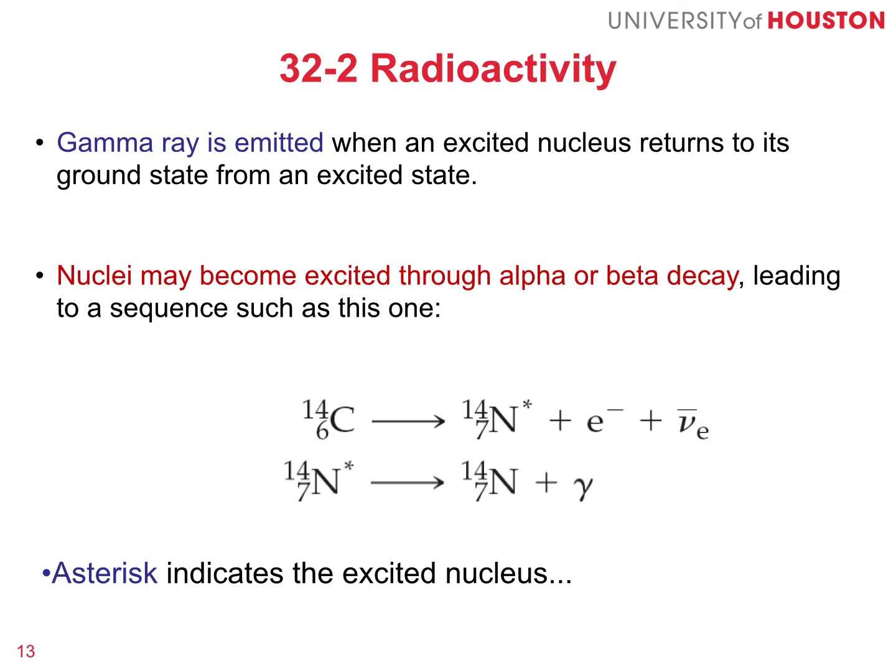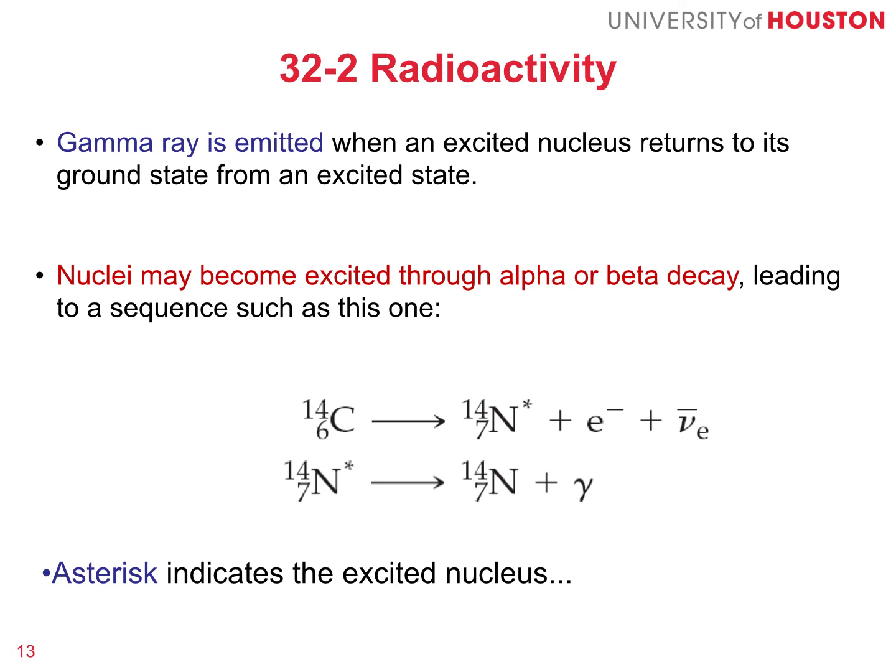As mentioned before, a gamma ray is emitted when an excited nucleus returns to a ground state from an excited state. It can get to an excited state via a previous decay. One example is a carbon-14 can beta decay to a nitrogen-14, and the nucleus that it beta decays into, the nitrogen, is in an excited state.